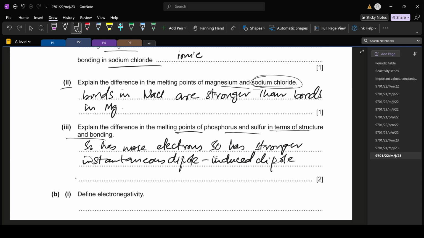That's why sulfur has a greater melting point than phosphorus.